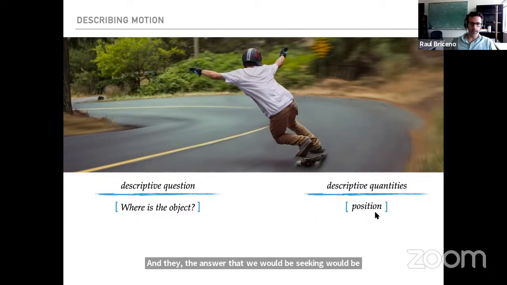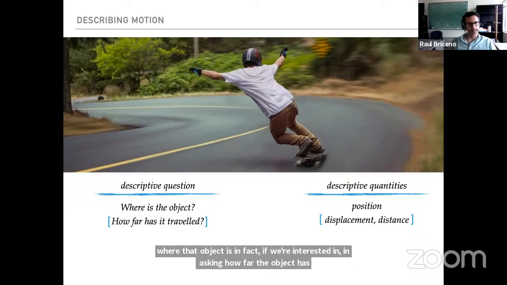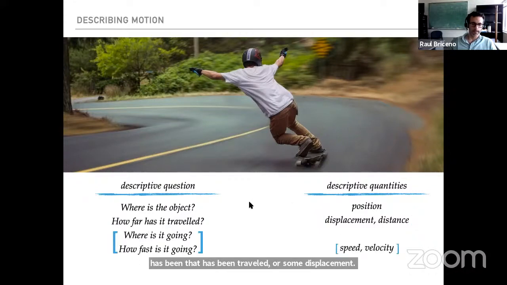It would be telling us where that object is. If we're interested in asking how far the object has traveled, then this is telling us something about a change in position, some distance that has been traveled, or some displacement. Okay.